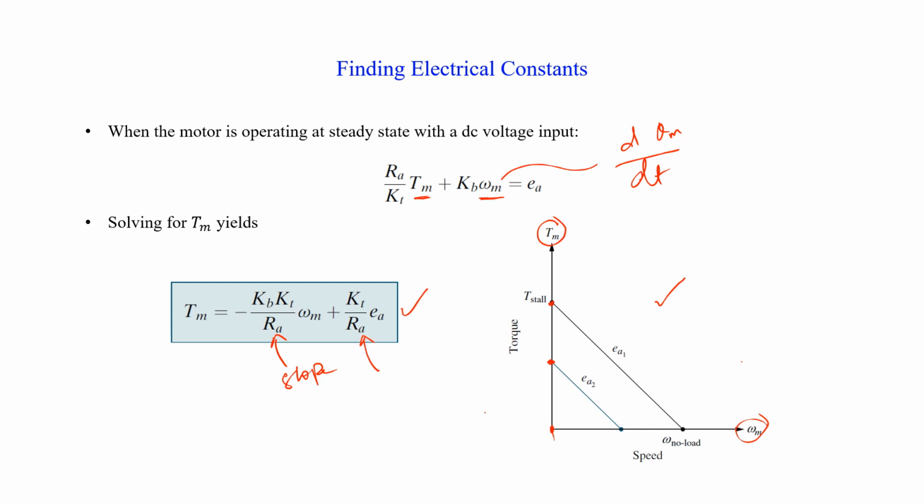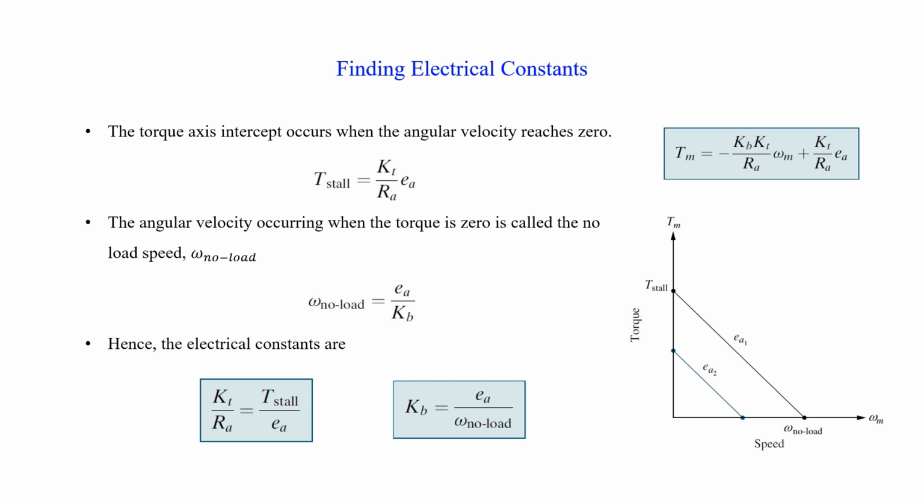If we put omega m equals 0 in the above equation, this term will be removed and we will be left with just Kt divided by Ra into Ea on the right side. And on the left side, this Tm is called the T stall. So once again, when omega m equals 0 is put in this equation, we will have the equation for the T stall.